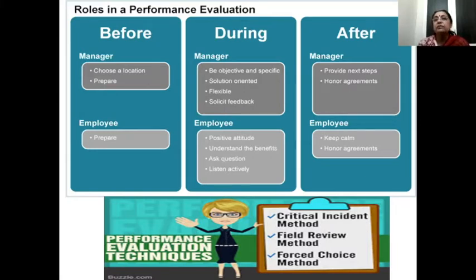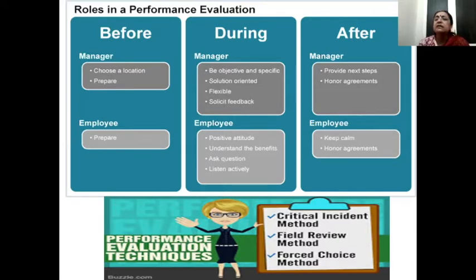After the evaluation process is over, the manager should provide solution-based steps, and he should honor any agreements he may have made in the past with the employee. The employees, of course, also have to take the positive feedback and implement it into the way that they are performing, honor any agreements that they may have made, and finally, they have to do this with a very open mind that they're there to become better at the work that they are performing.